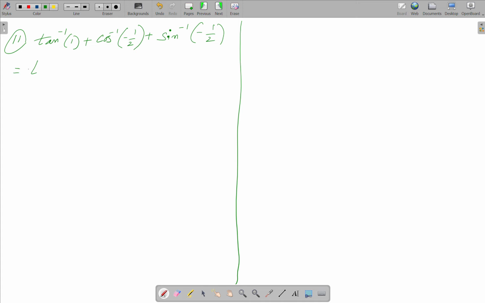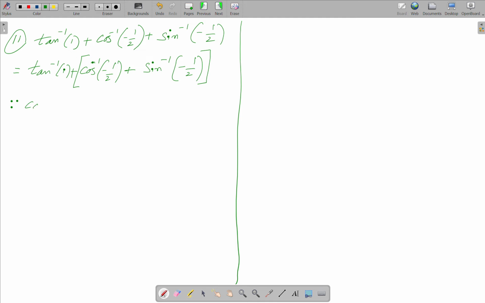That is equal to tan inverse 1 plus cos inverse minus 1 by 2 plus sin inverse minus 1 by 2.